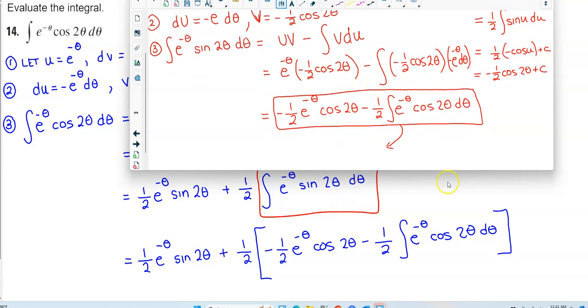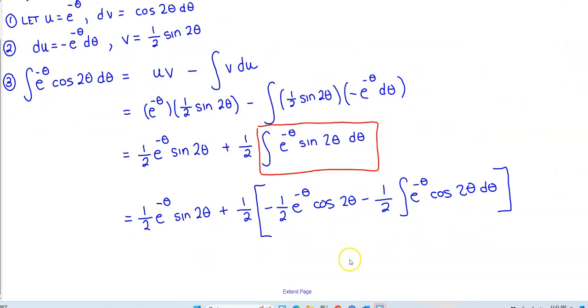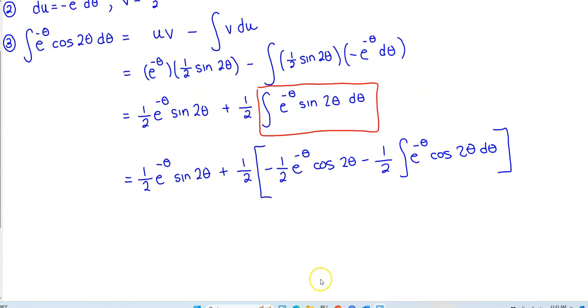Okay, so now we're going to distribute. So let's go ahead and distribute here this 1/2 to those two terms.